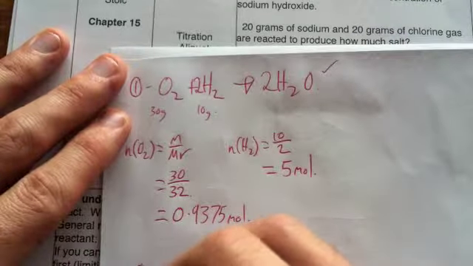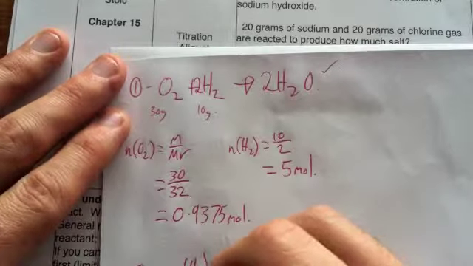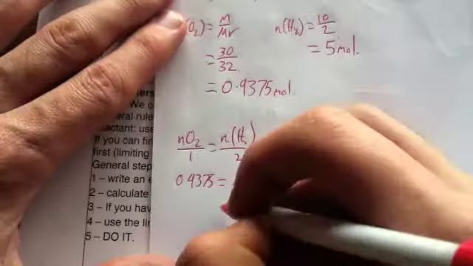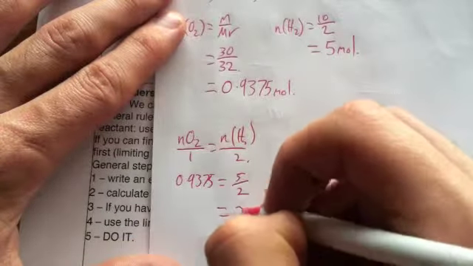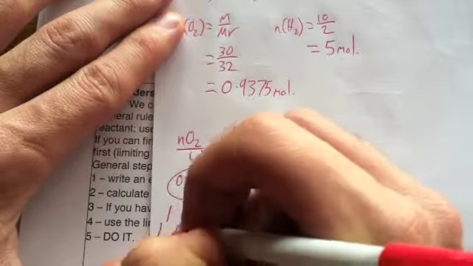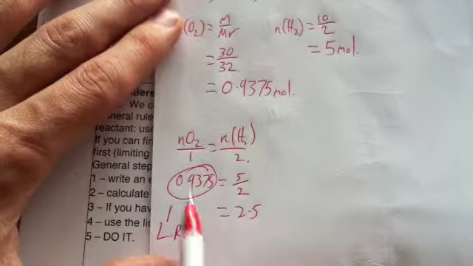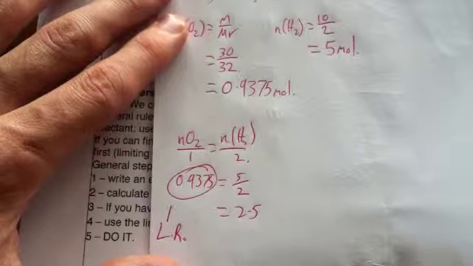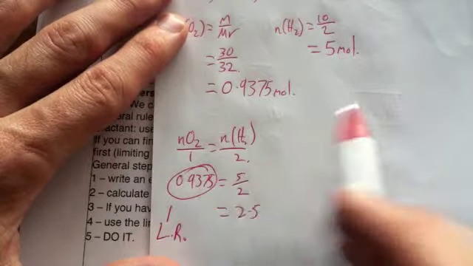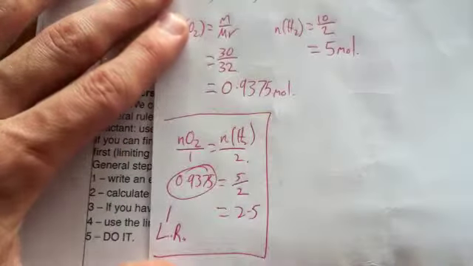For O2, 0.9375, and for H2, 5 divided by 2, that's 2.5. Therefore oxygen is going to be the limiting reagent. The number of moles of oxygen determines what is created and what's used.